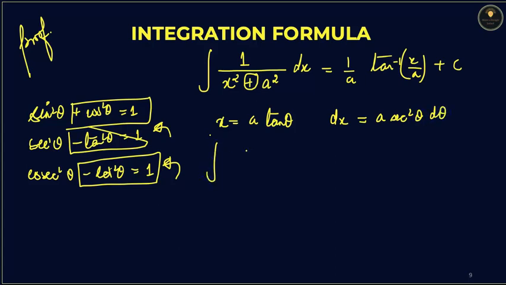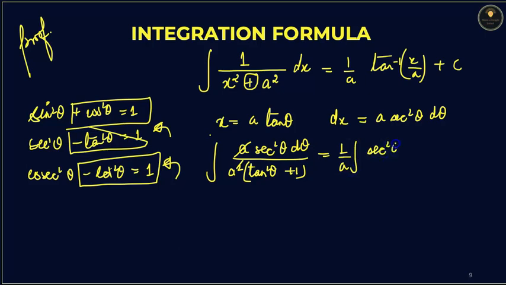And in the numerator you will write a sec square theta d theta. And in the denominator you will write a square tan square theta plus 1. Here a and a will get cancelled, you will get 1 by a, and from here sec square theta, and tan square theta plus 1 can be written as sec square theta d theta.